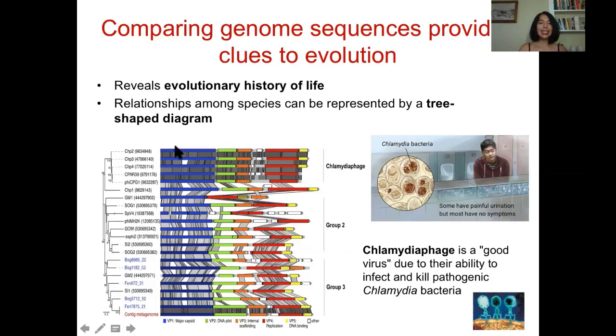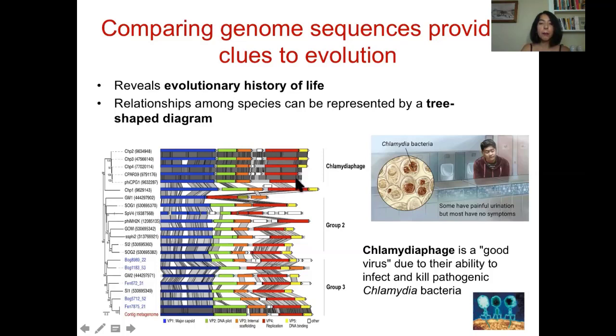This is an alignment, or a comparison, of different chlamydia phages. You can see how these regions change in length because there are more base pairs in, let's say, this species of group 3 or this variant, compared to this other one.